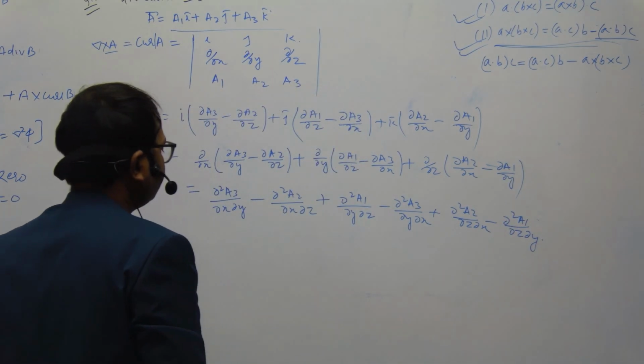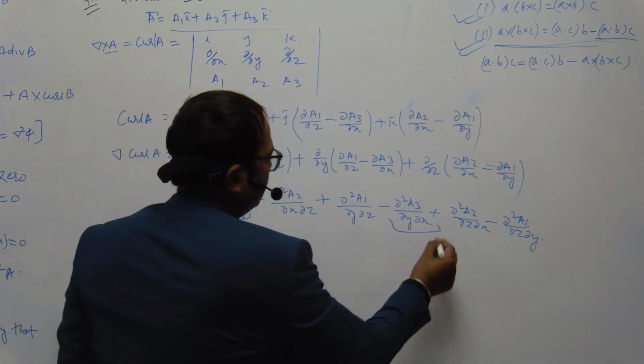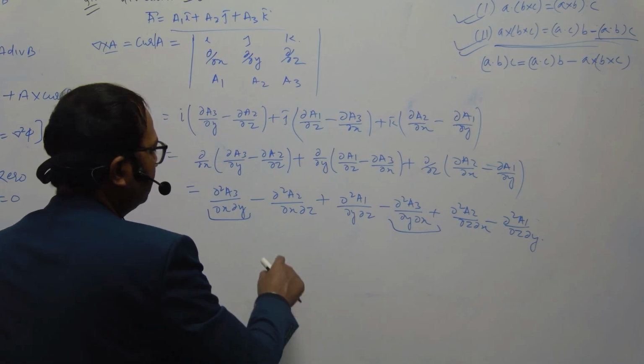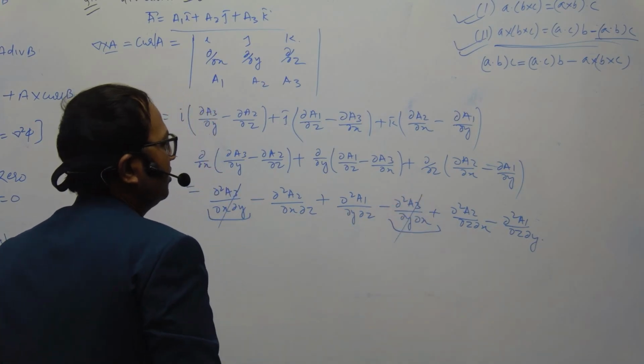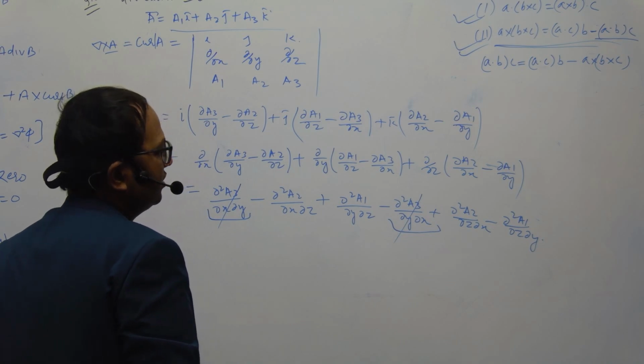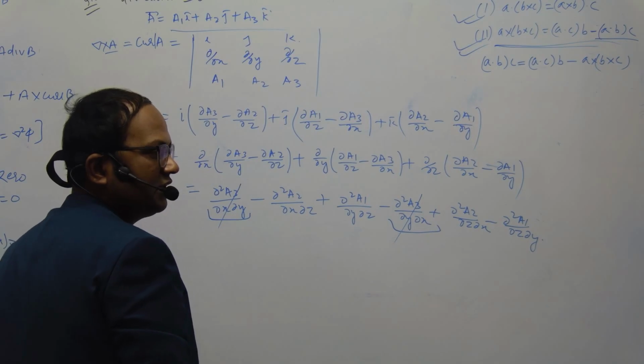These terms are the same, so they get cancelled, because we have assumed the A vector has continuous second order partial derivatives, so the order of differentiation is immaterial.